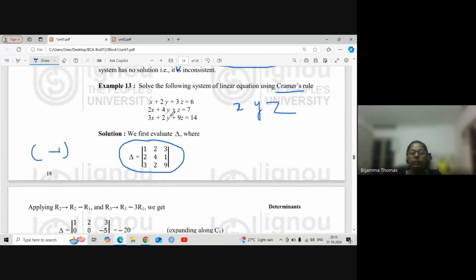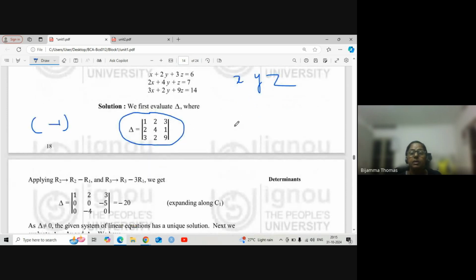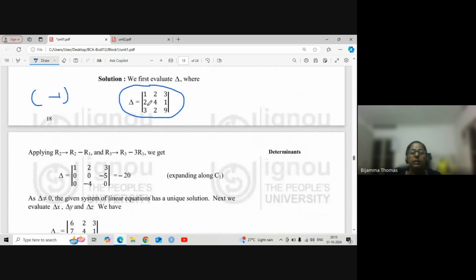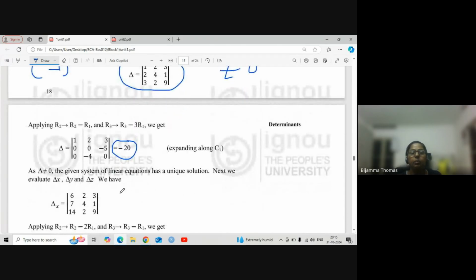So when we are asked to solve the system of equations by Cramer's rule, first check whether this delta value is non-zero. When it is equal to 0, we cannot move forward. If delta is a non-zero quantity, then move to delta x, delta y, and delta z.